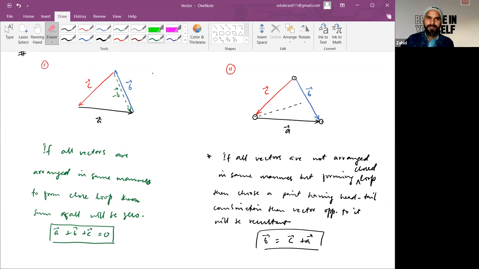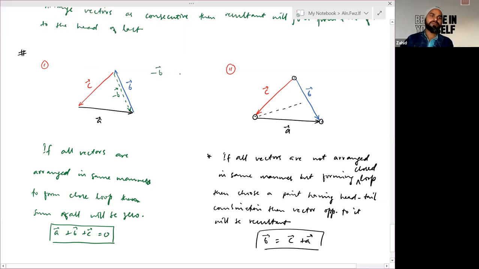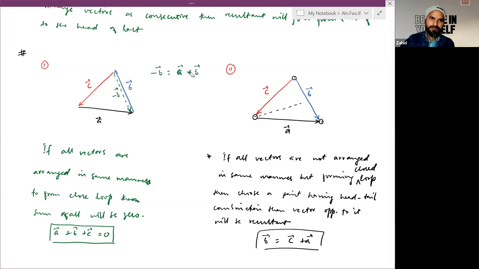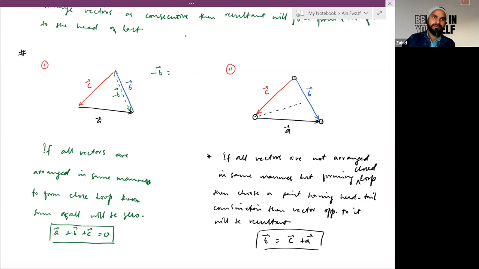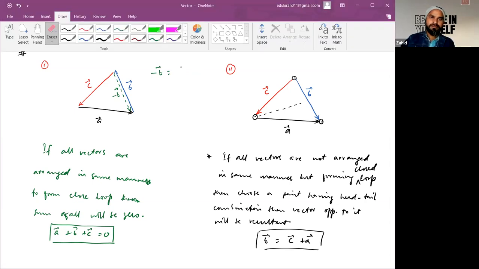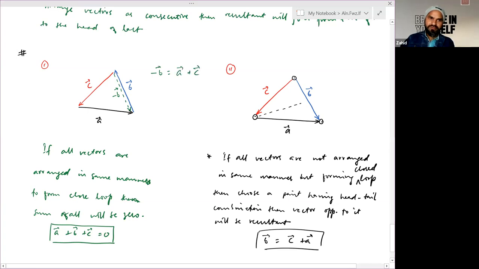So minus B equals A plus C. If you shift this minus B to the right side, you will get 0 equals A plus B plus C. So this is how we can prove the sum of all vectors arranged in the same manner and forming a closed loop would be 0.